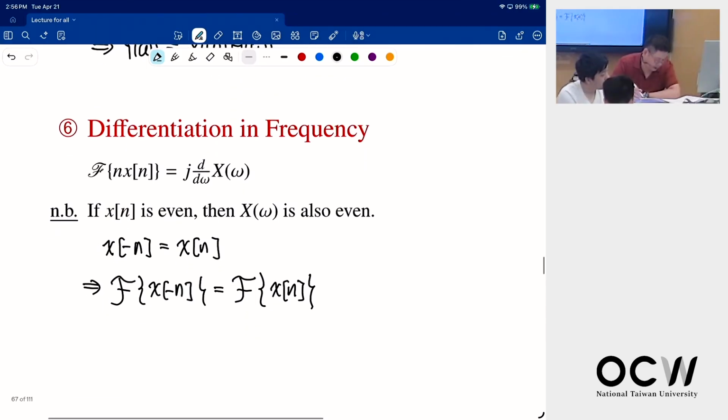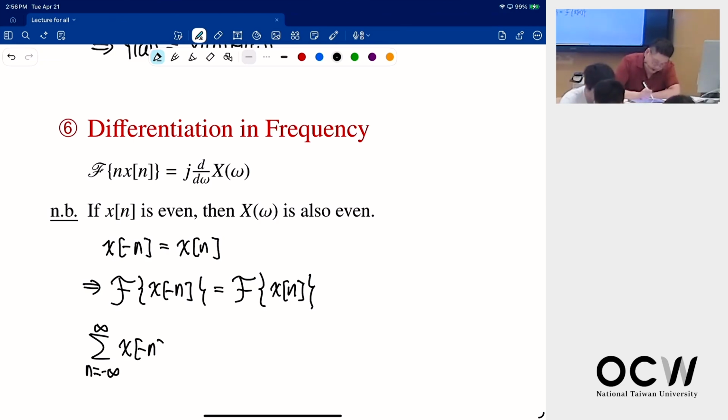The left hand side is the sum of x[-n] e^(-j omega n), and the right hand side is the sum of x[n] e^(-j omega n).